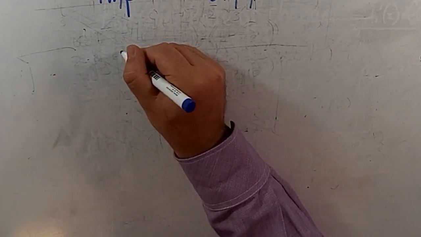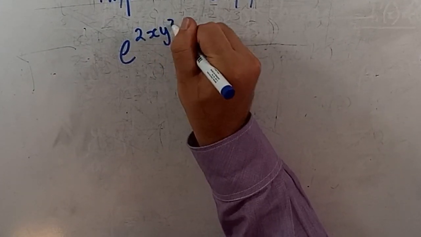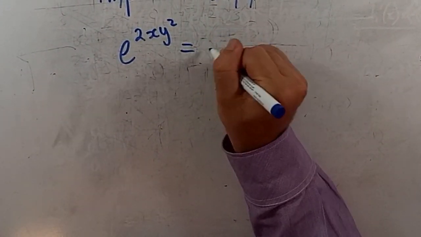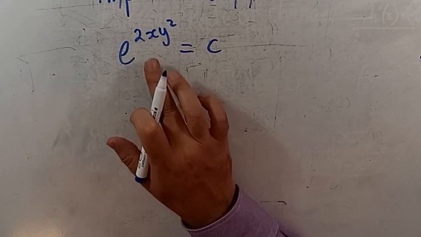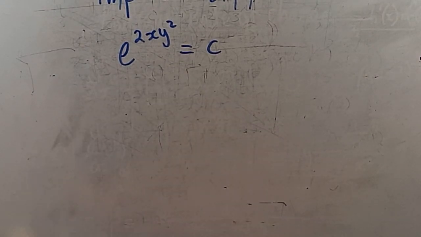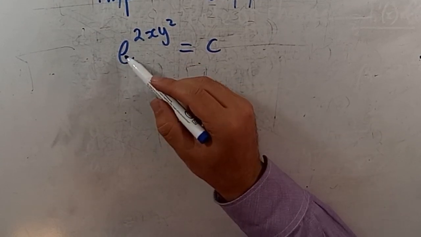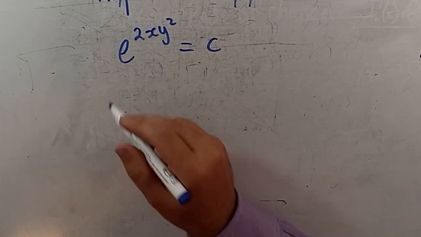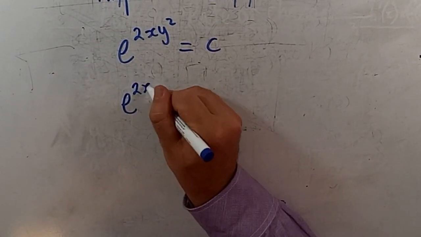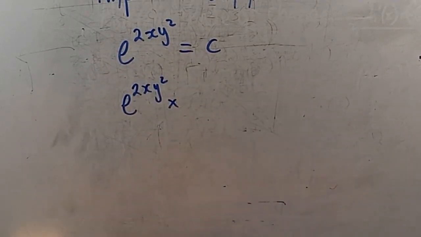Let's do e to the 2x y squared equals c. Okay, so we're going to try and find dy/dx here. So implicitly differentiate. So what are we going to do? Well, e, right? To take the derivative of e with respect to x, we just get the same thing, e to the 2xy squared. And then we multiply by the derivative of whatever this power is.